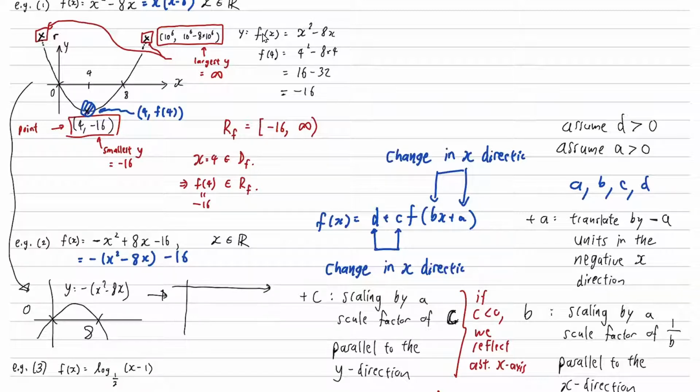To save space, I'm going to move my x-axis upwards by positive 16 units instead. The turning point there was 4, negative 16. If I flip it upside down, this point is actually 4, positive 16. If I shift it down by 16 units, I'll touch the x-axis, get an x-intercept here at 4, 0. Okay?